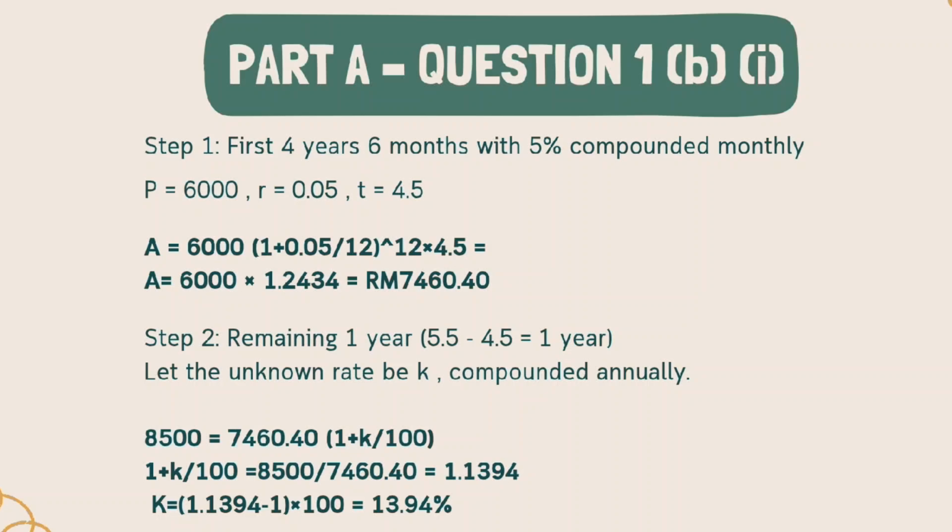So A equals 6,000 times bracket 1 plus 0.05 over 12, to the power of 12 times 4.5, and we get A equal to 6,000 times 1.2434, which is RM7,460 and 40 cents.